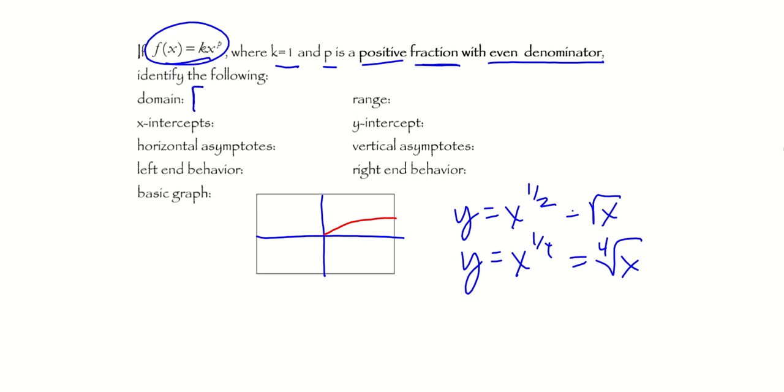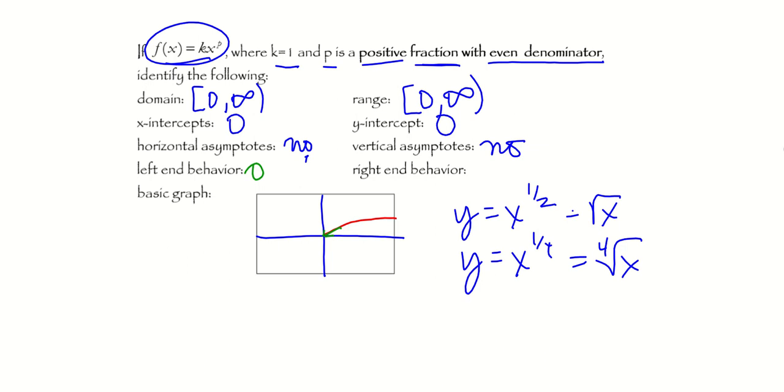The domain of these is from 0 to infinity. The range is also from 0 to infinity. It passes through the point (0, 0), so that's both the x and y intercept. There are no horizontal or vertical asymptotes. The left-hand behavior, I can't find the limit as x goes to negative infinity, but at its left end, this graph lands at 0, so its left end behavior is 0.